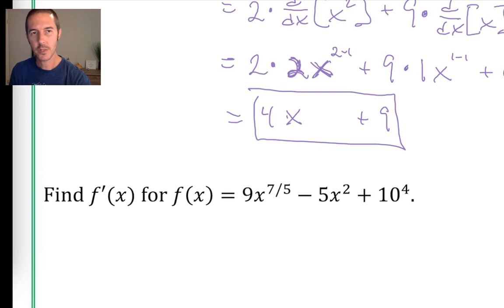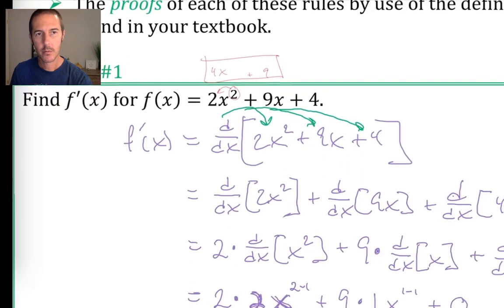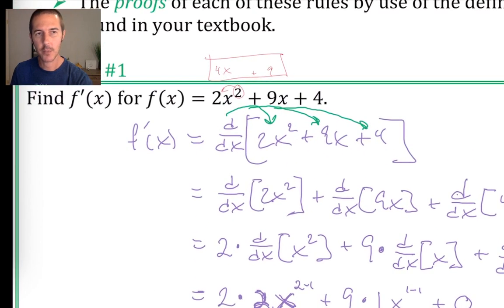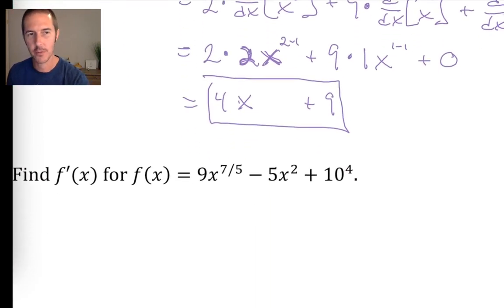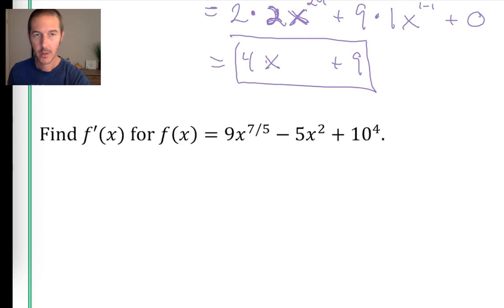Let's see if we can use this even shorter technique that I used up here in red. Let's try to implement that as we take the first derivative of this function. I'm going to take the exponent of 7/5 and I'm going to multiply it times the leading coefficient.